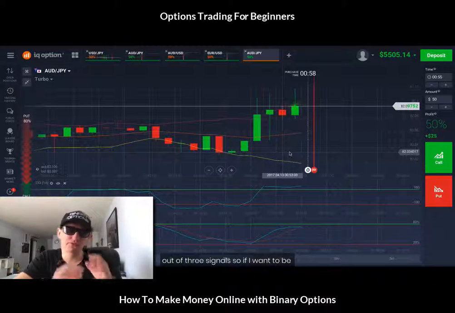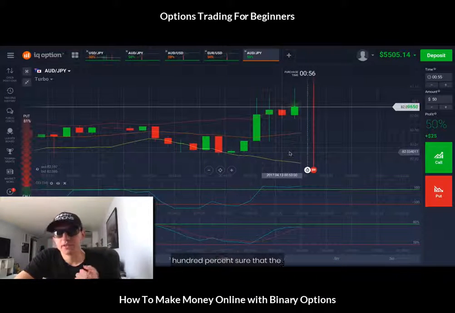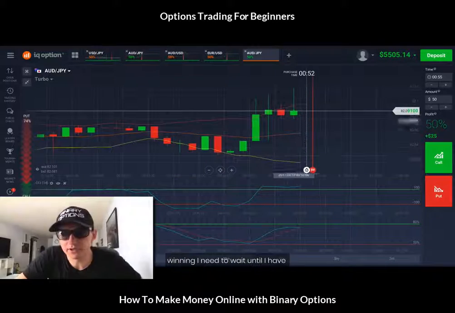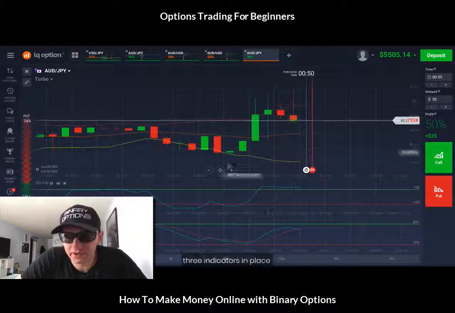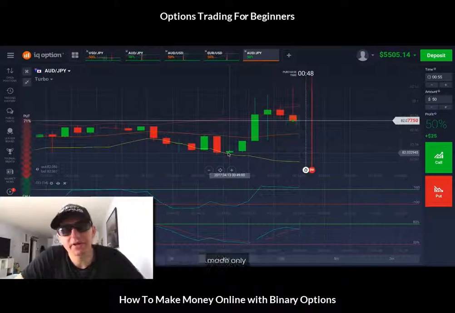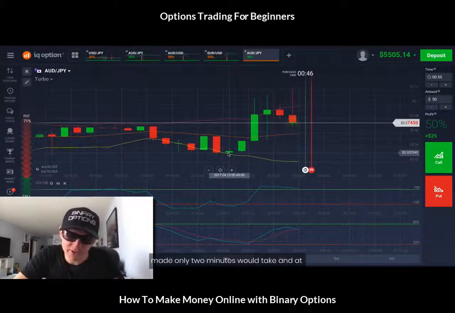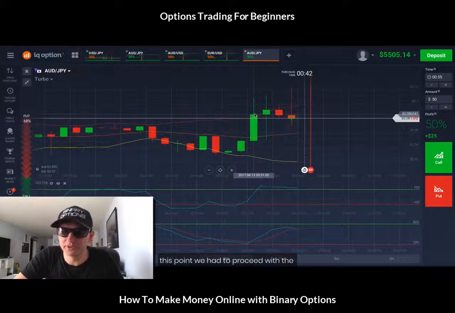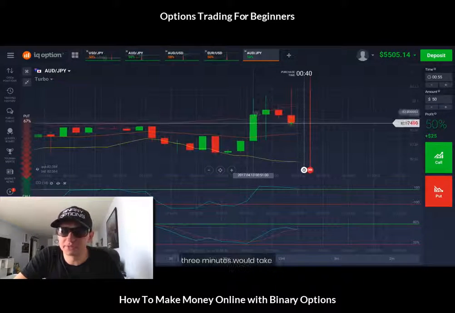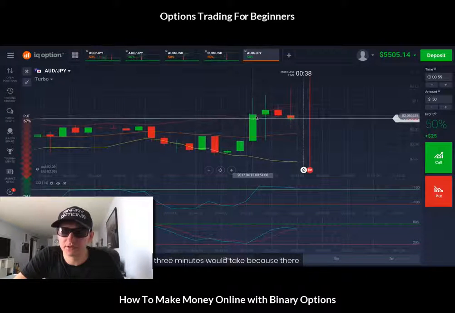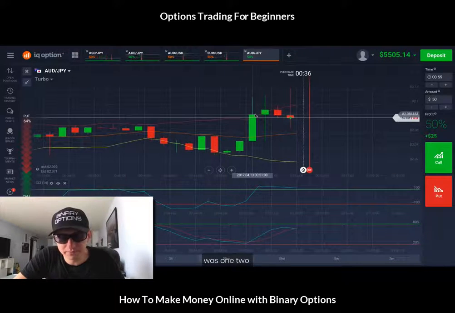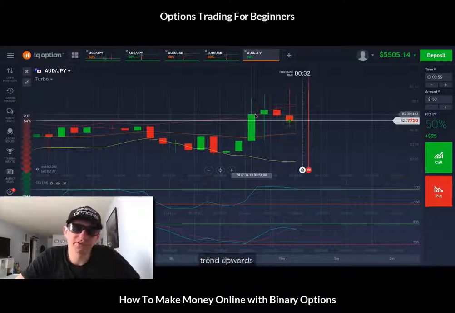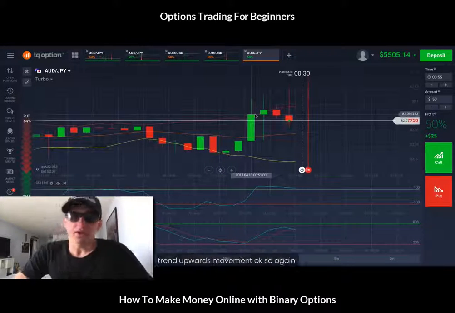So if I want to be 100% sure that the trade is winning, I need to wait until I have all 3 indicators in place. And again, I made only 2 minutes put stake, and at this point we had to proceed with the 3 minutes put stake because there was 1, 2, 3 candles of the mini trend upwards movement.